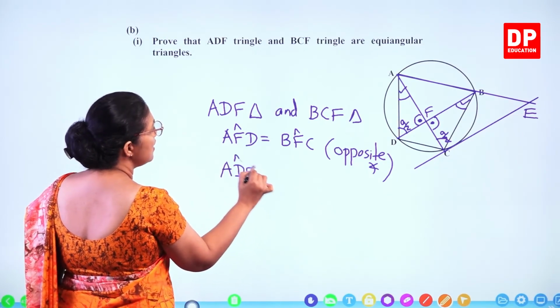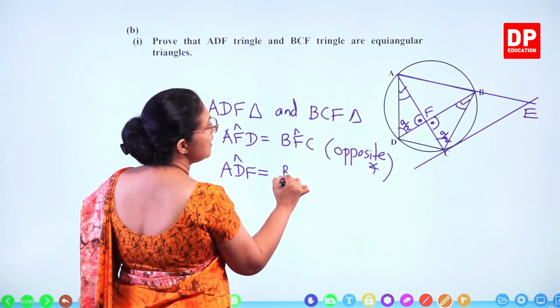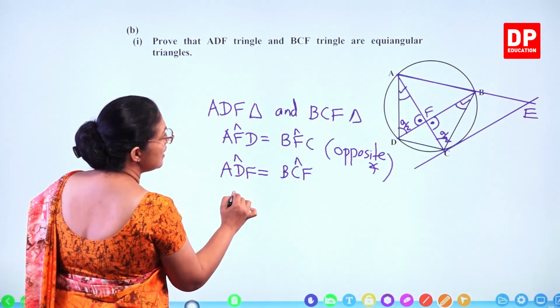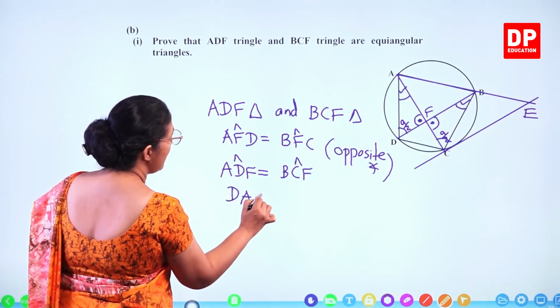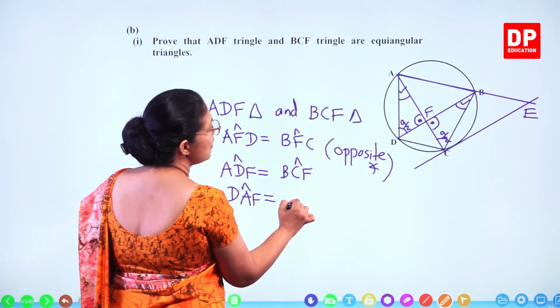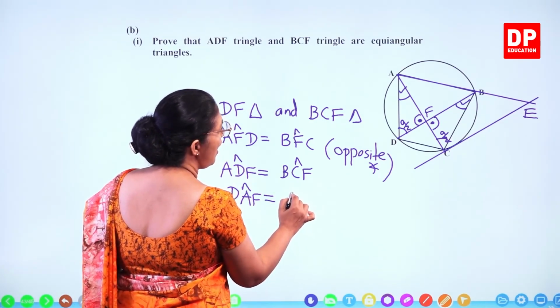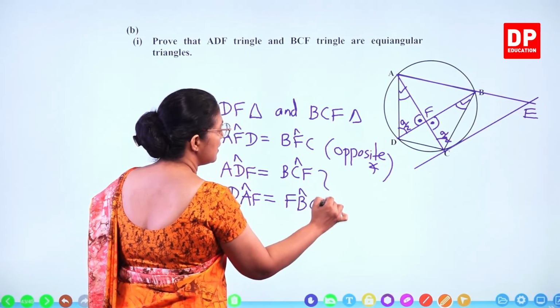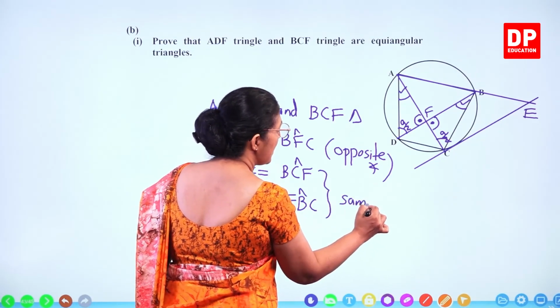ADF angle is equal to BCF angle, as well as DAF angle is equal to FBC angle, because same segment angles.